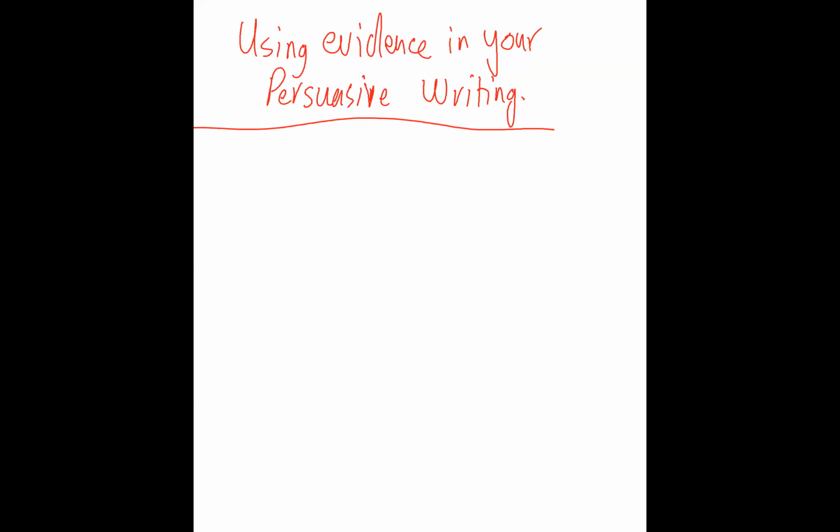One, that's plagiarism, and two, it's poor planning. So we want to be really careful, and we want to plan really well how we're going to use our evidence. So can we think of a few different ways that we could plan to use our evidence well?